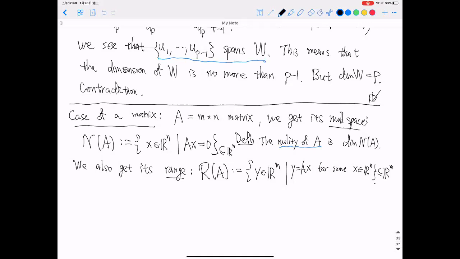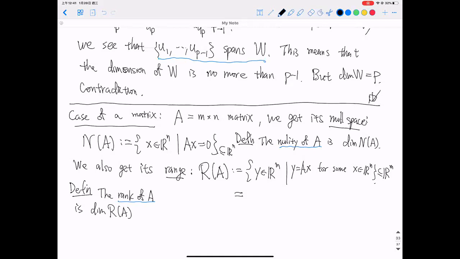Okay, the range is a subspace, so we can consider its dimension, and the dimension of the range is called the rank. The rank of A is the dimension of the range.